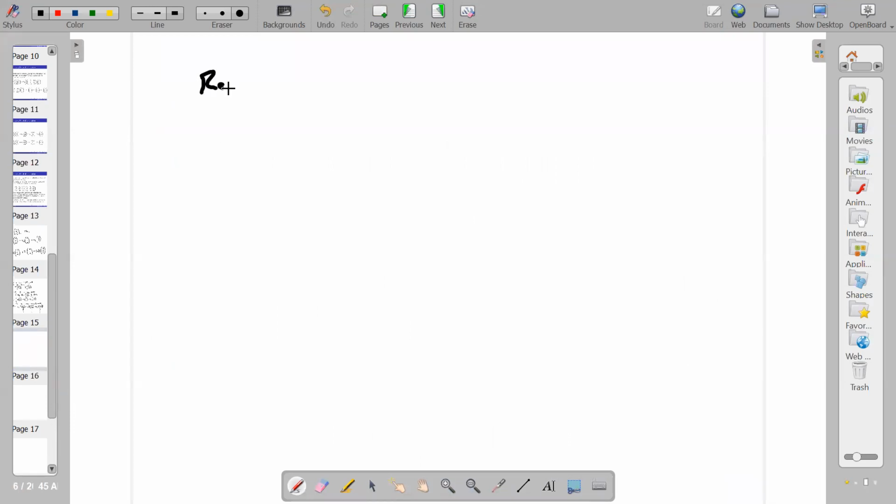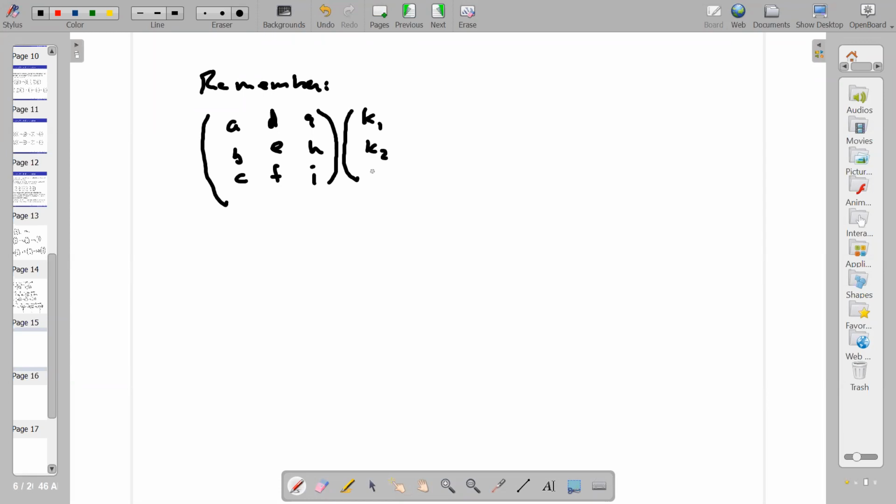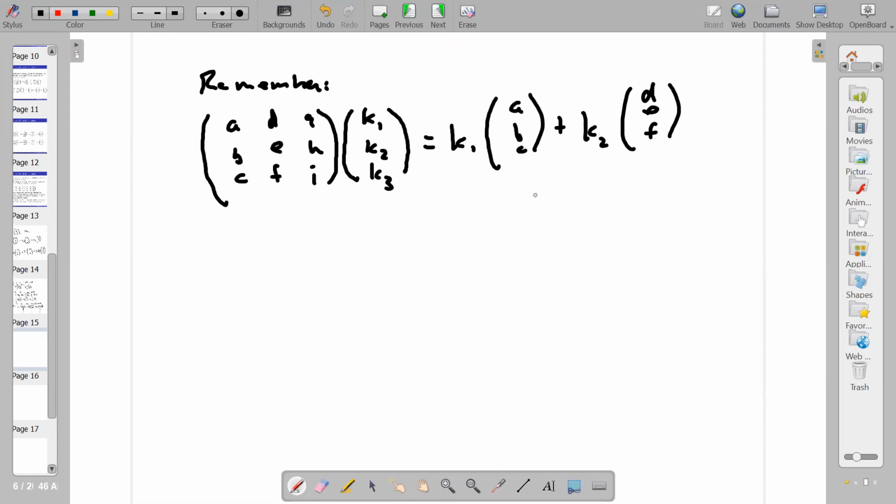Remember, you have the matrix with rows A, B, C, D, E, F, G, H, I. If I multiply this matrix on the left by the vector K1, K2, K3, matrix multiplication, the way that we've defined it, is equal to K1 times ABC plus K2 times DEF plus K3 times GHI. So these two things are the same.